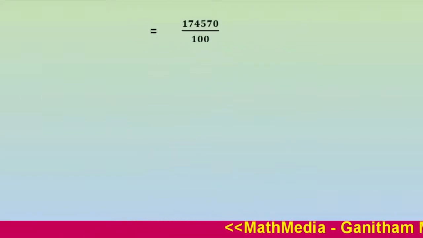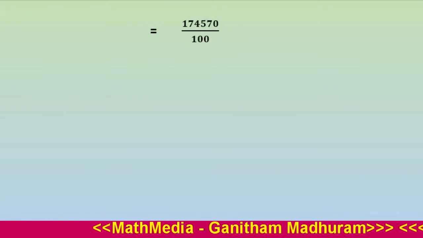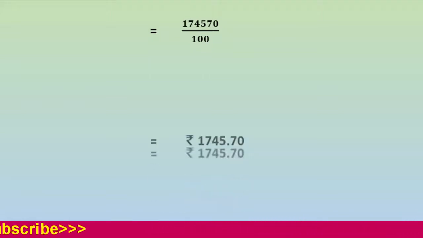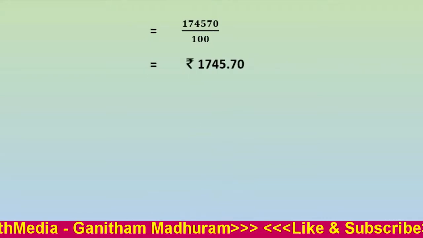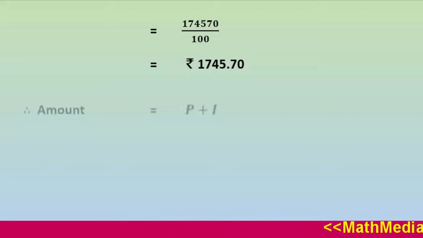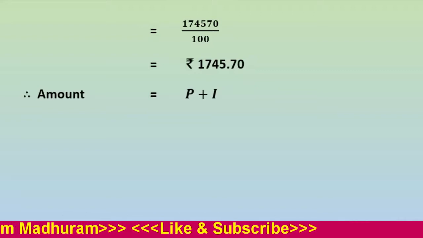While multiplying, we get 1,74,570 upon 100. While dividing by 100, we can remove 2 digits from the right side and put the decimal point. So we get the answer as rupees 1745.70.